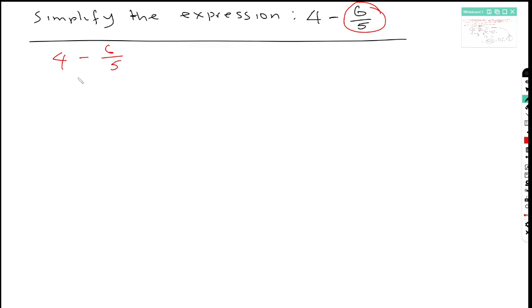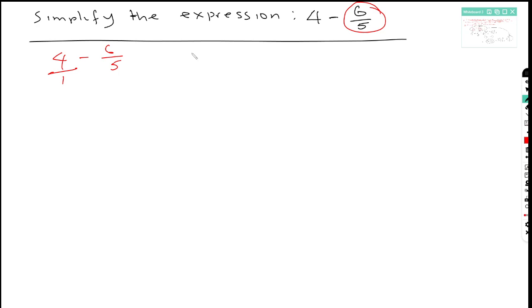This is a fraction and this one looks like not a fraction, but this is called an integer. An integer is a whole number which doesn't have a decimal. And it has an implicit denominator, a 1 on it. This number has an unwritten 1 underneath, like that.